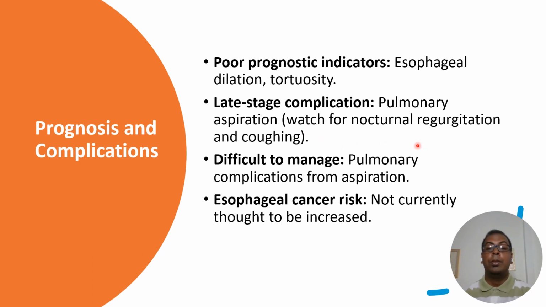So this is going to be a significant issue in causing recurrent pneumonias for these patients. It is difficult to manage pulmonary complications from aspiration and esophageal cancer. So the latest evidence that comes out shows that it's not currently thought to be increased, although previously it was thought to increase esophageal cancer risk, but it's not.